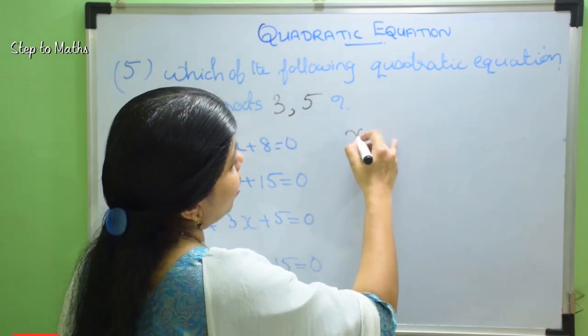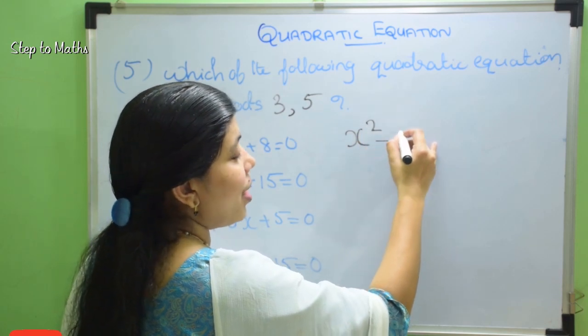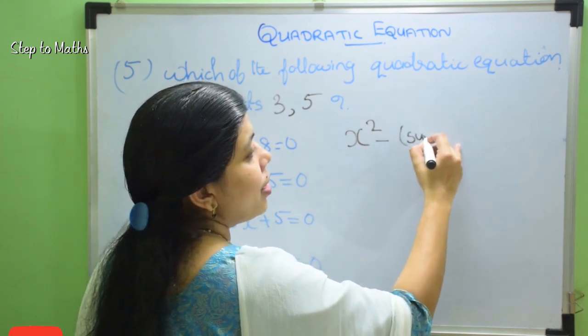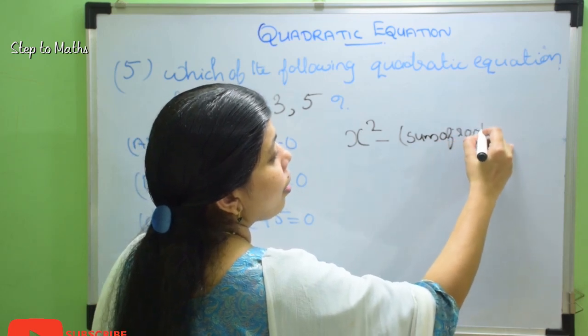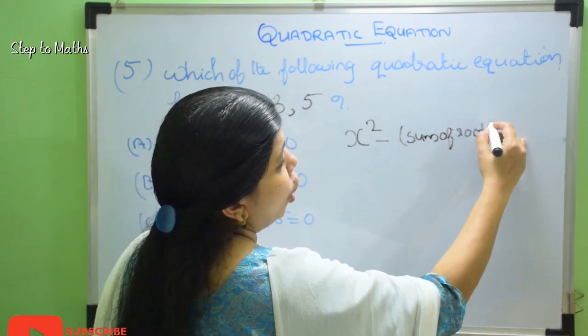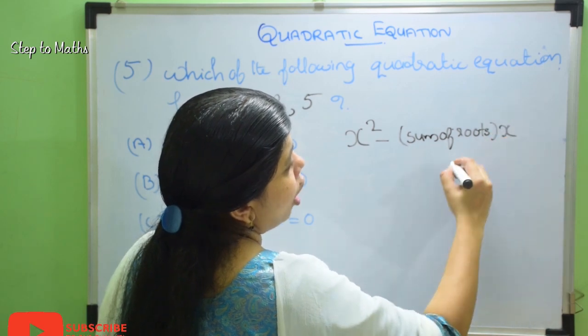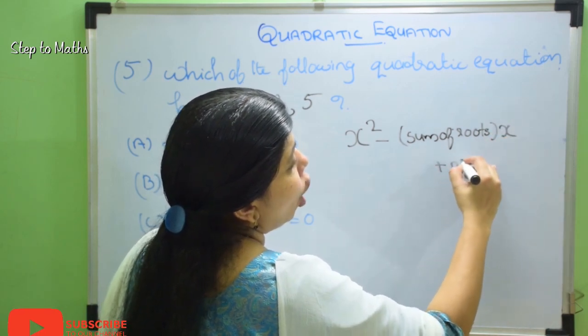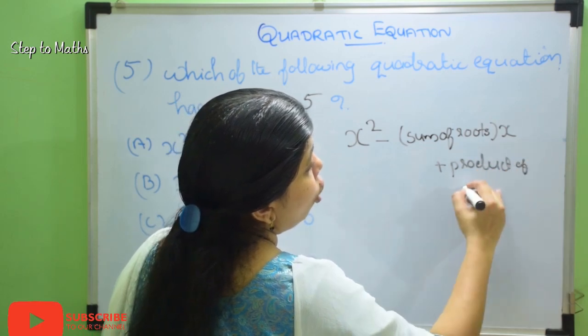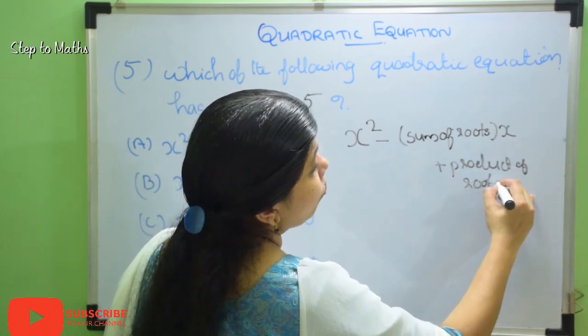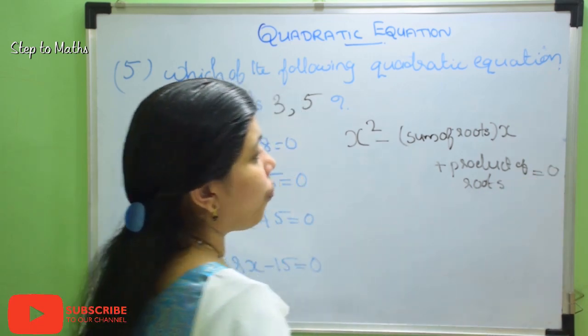Form the quadratic equation as x square minus sum of roots into x plus product of roots equal to 0.